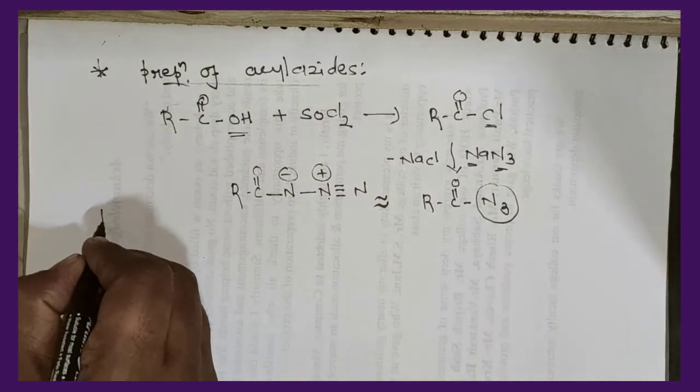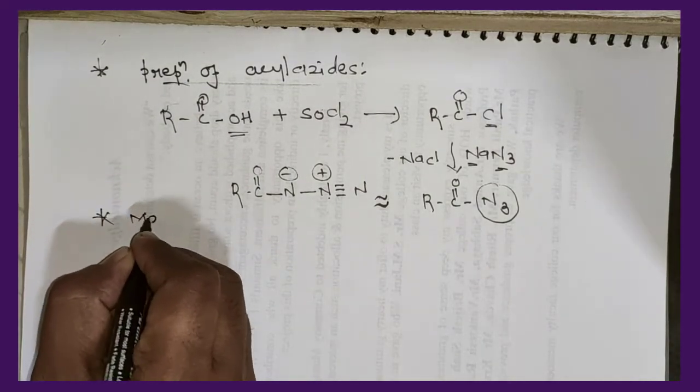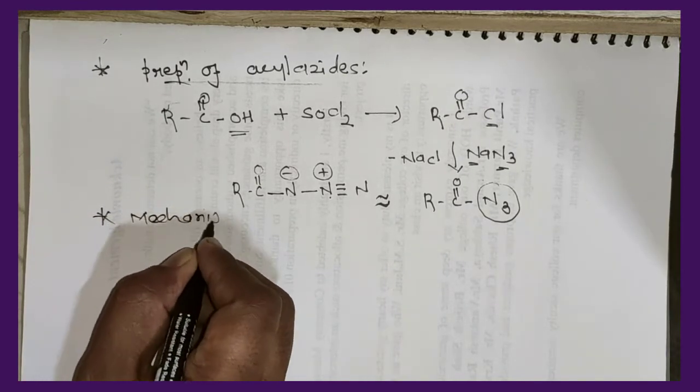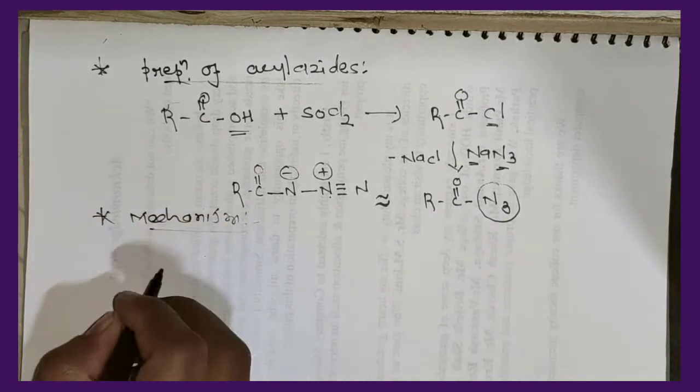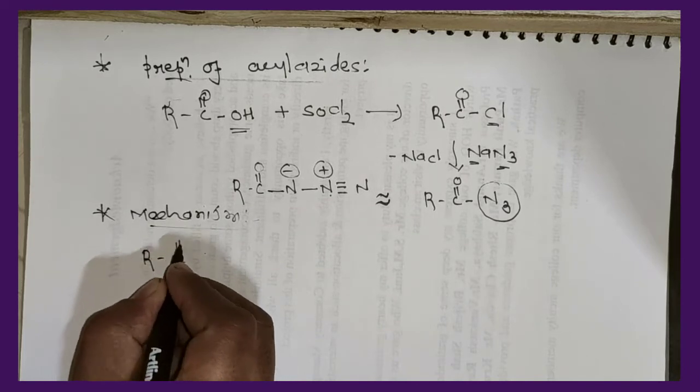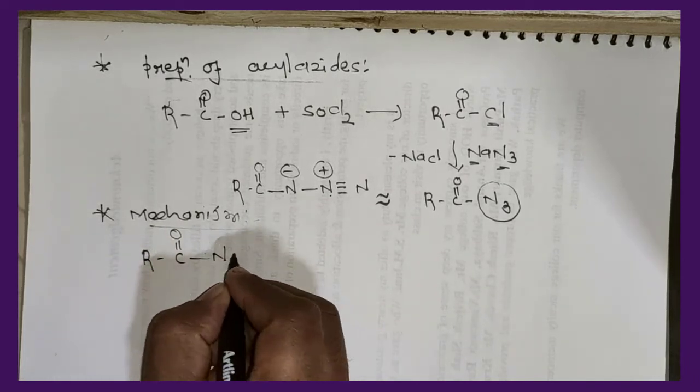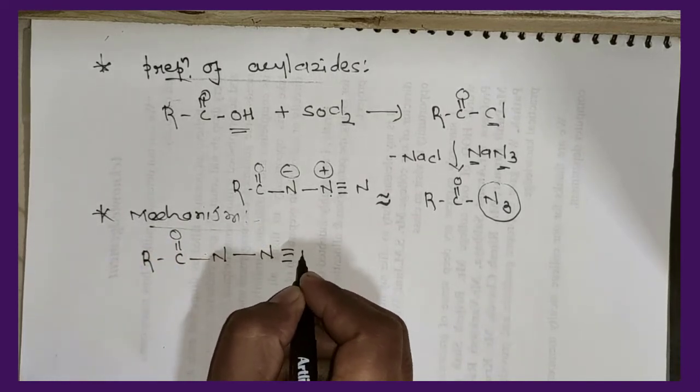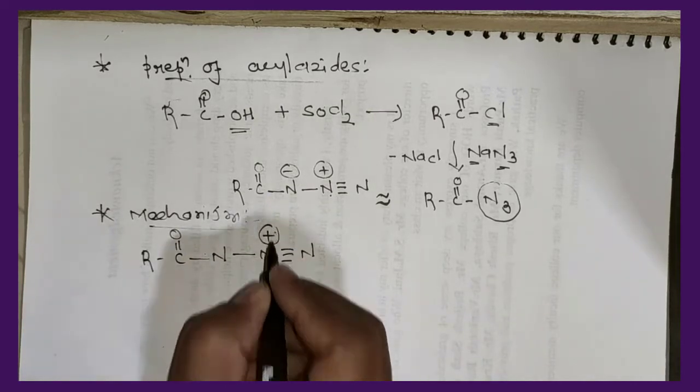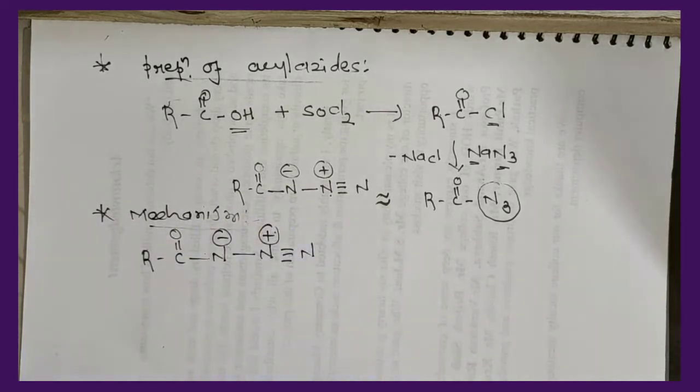If we move towards the mechanism part, our starting material is azide, right? So R C double bond O N N triple bond N. As we know, this is the positive charge and this is the negative charge.